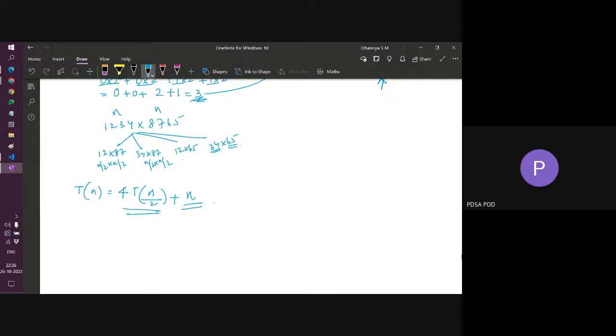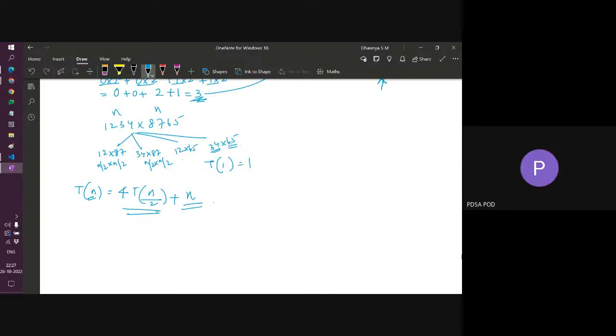But in the actual recursion, we go until n is 1, and that is in the code also. That is the base case, you cannot bring it down any further. So we are assuming that to be O of 1, constant for one single digit. That's correct. So T of 1 will be 1. Okay, thank you.